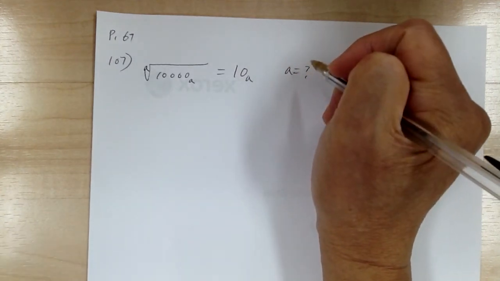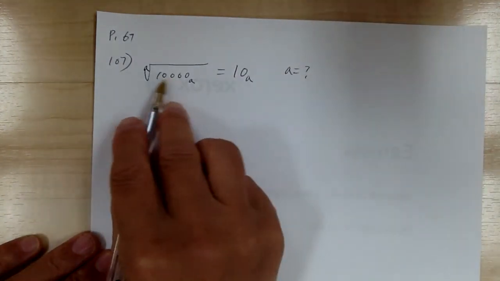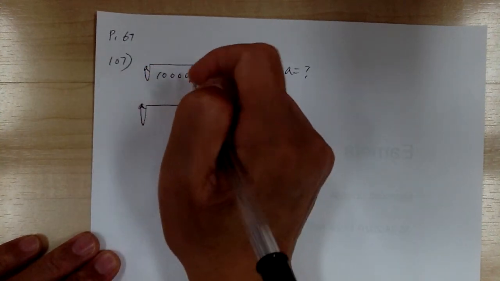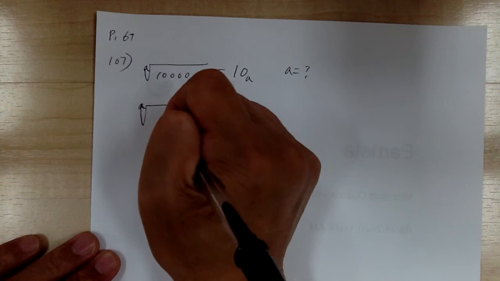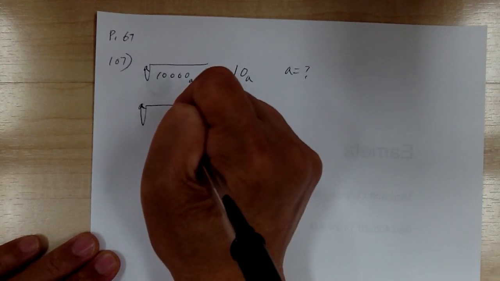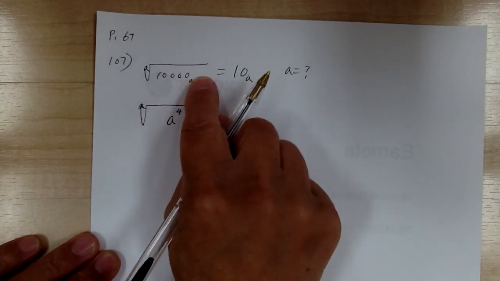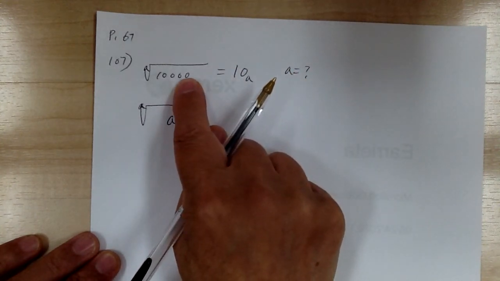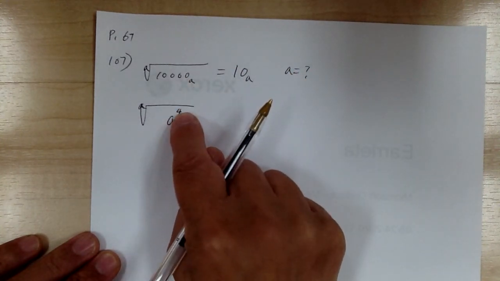Because of this, this is equal to a to the 4th power. If this were base 10, this would be 10 to the 4th power, but because this is base a, it would be a to the 4th power.